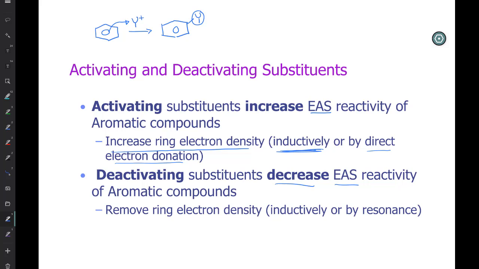And then the direct electron donation would be, for example, resonance with a lone pair of electrons being contributed by the substituent. Removing ring electron density is also done inductively by putting strong electronegative groups on the ring that create positive charge, or directly by resonance by pulling electron density out of the ring, i.e. moving the pi bond out of the ring.